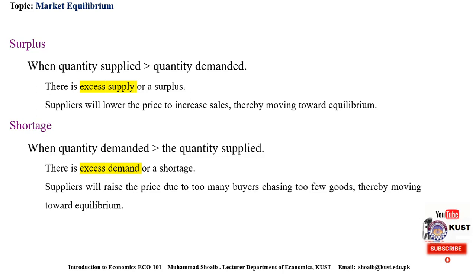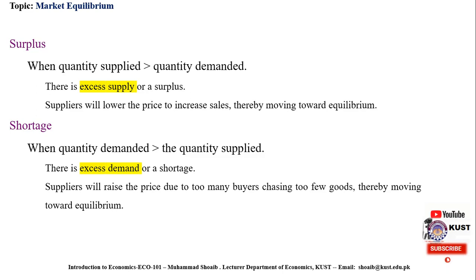Now, if we move further and look at the other topic, surplus. Surplus can be defined as a situation in the market in which the quantity supplied becomes greater than the quantity demanded. Whenever the quantity supplied increases beyond the quantity demanded, we consider this situation as surplus. There is excess supply of the commodity.